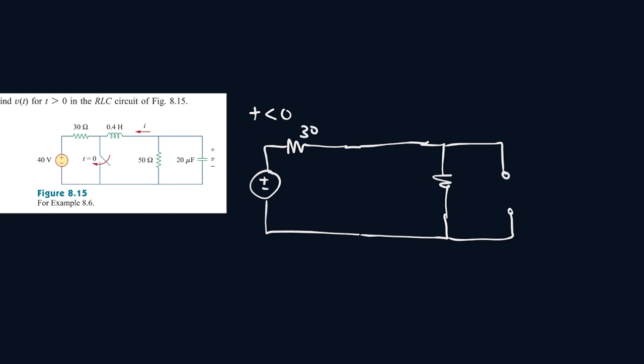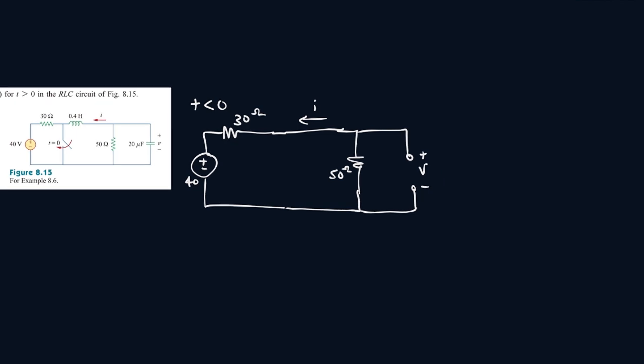So this is 30 ohms, this is 40 volts, this is 50 ohms, and this is the voltage, and we have a current passing through here. Okay, so let's first find the current.